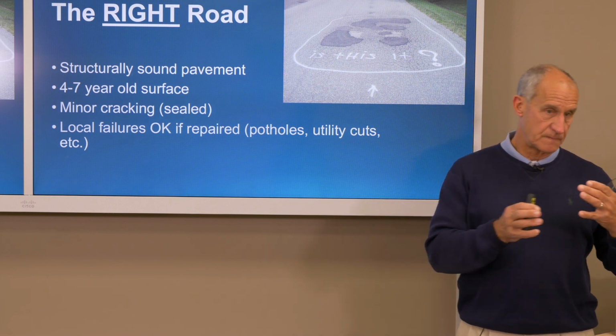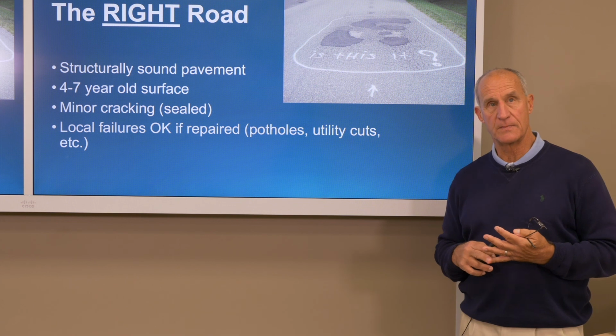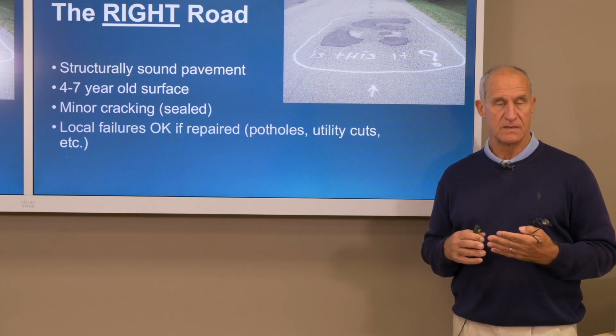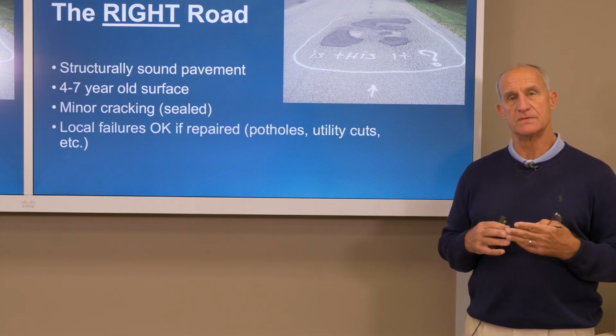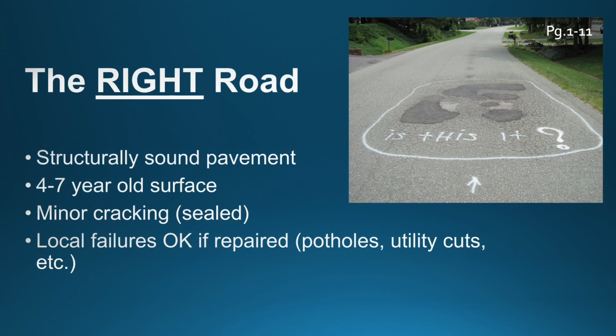We'll just determine what type of cracking that is there, and we'll use the proper materials to seal those cracks, and again, not depend on the slurry seal or the microsurfacing to fill those voids or those cracks. Local failures are okay.